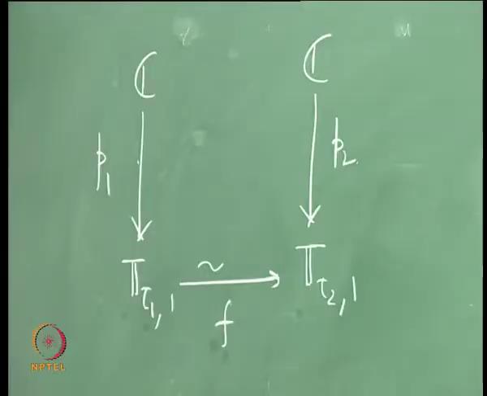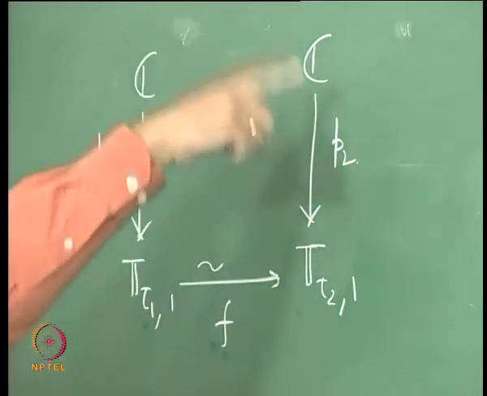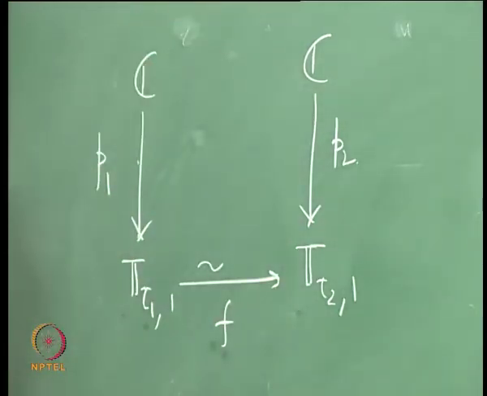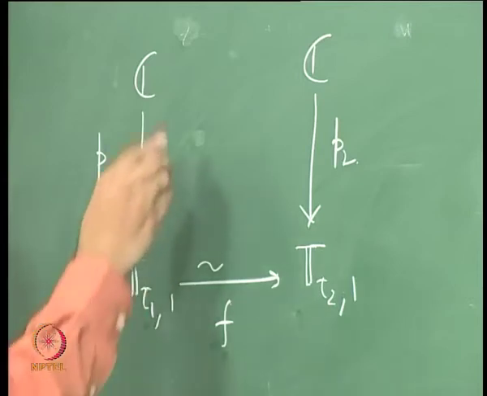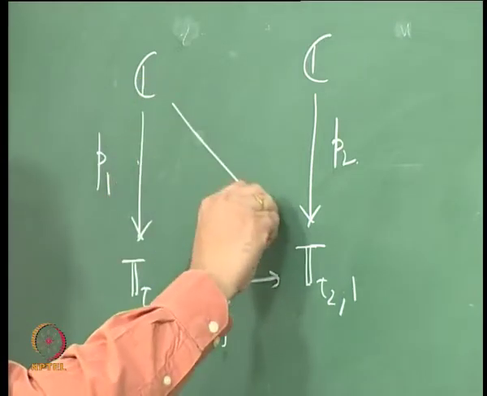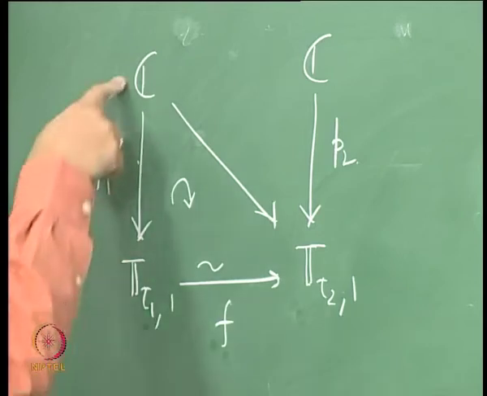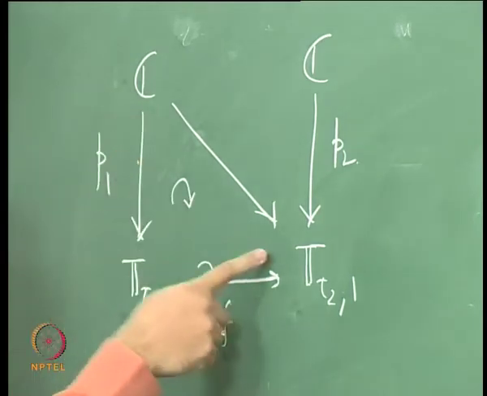So how am I going to do this? Let's look at this whole diagram. As we have done earlier, if I take this composition, this is a holomorphic isomorphism, this is a covering, therefore this continues to be a covering.